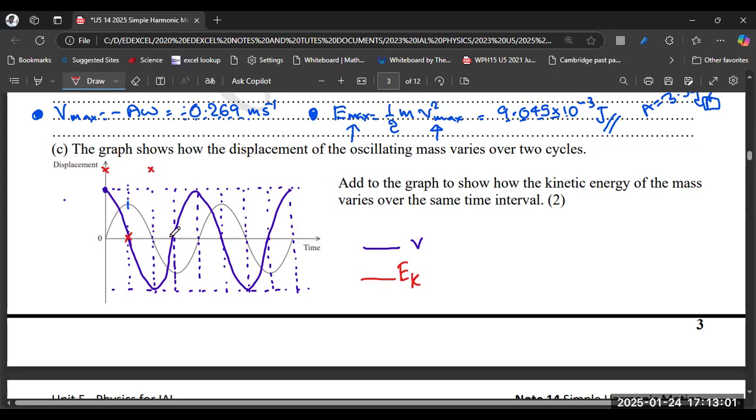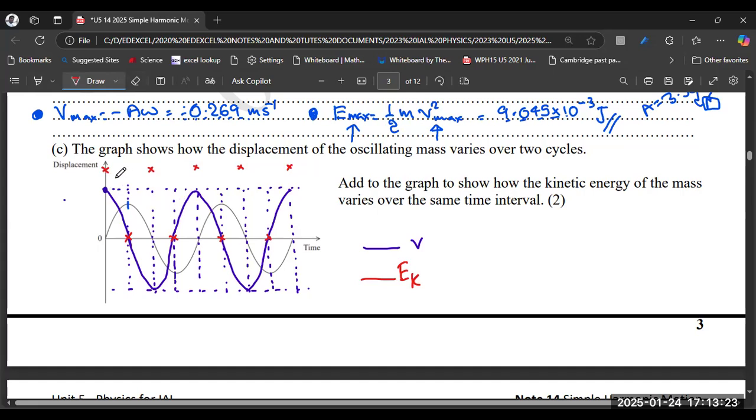Again, when the velocity is zero, kinetic energy is zero. When the velocity is maximum, kinetic energy is maximum. When the velocity is negative and maximum, kinetic energy is positive and maximum. That's how it is.